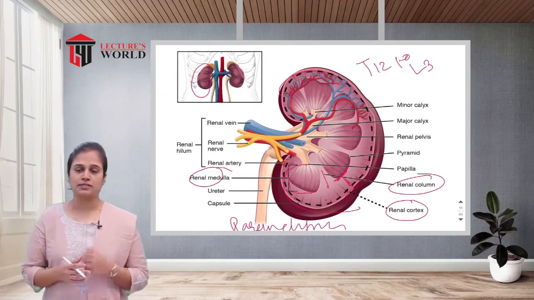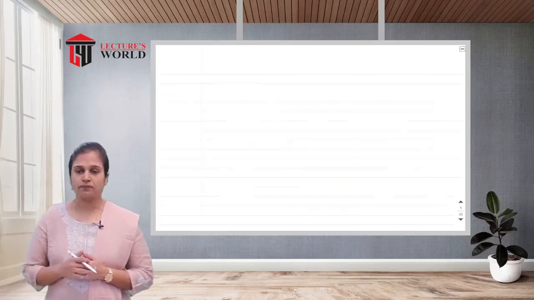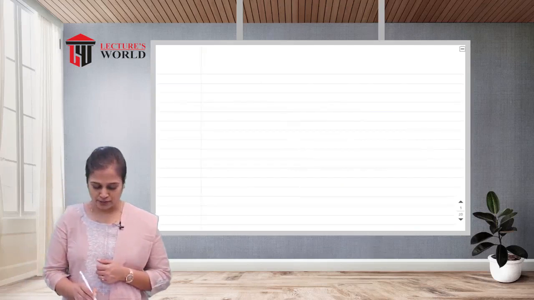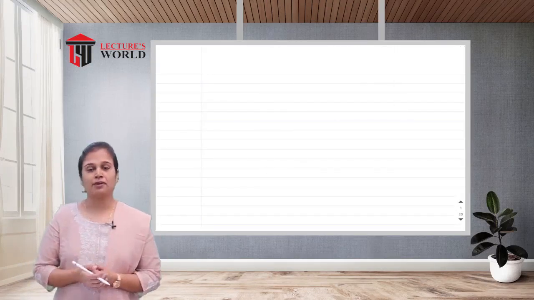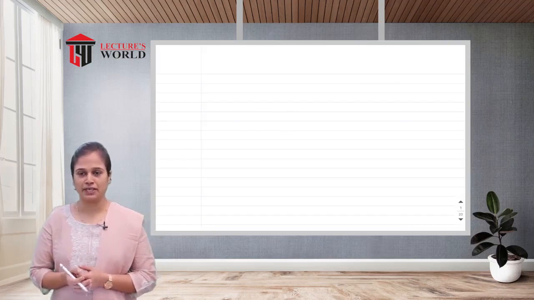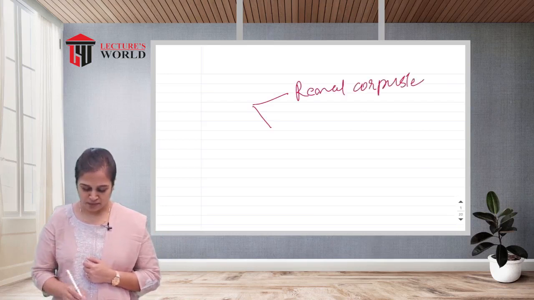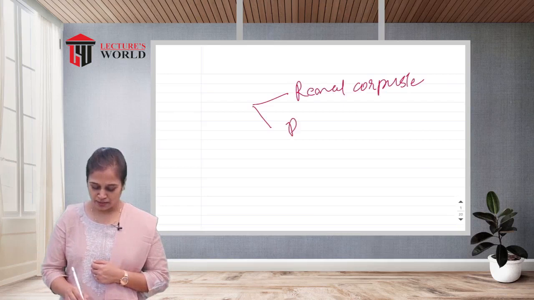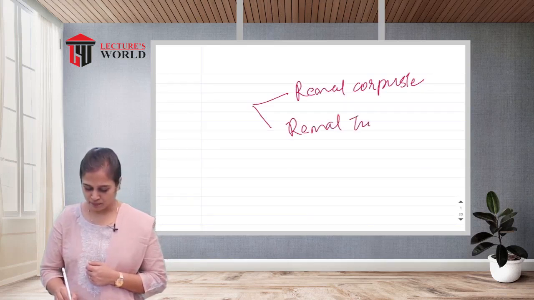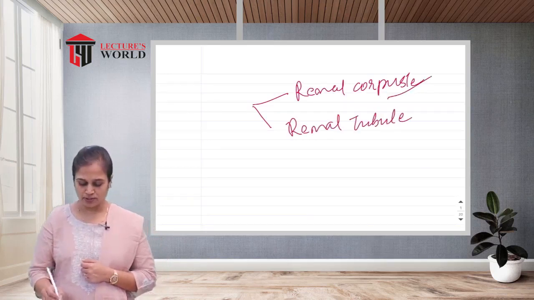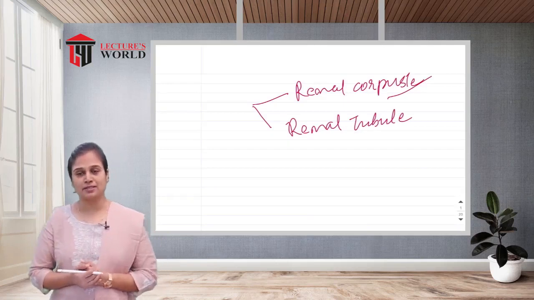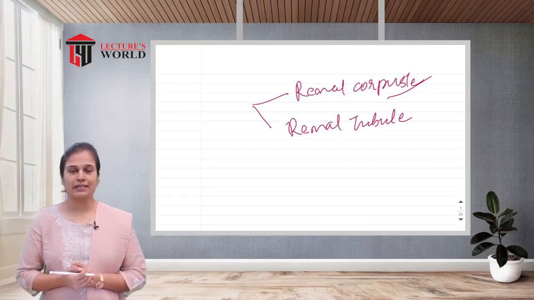The renal corpuscle has two main structures, that is the glomerulus and the Bowman's capsule.